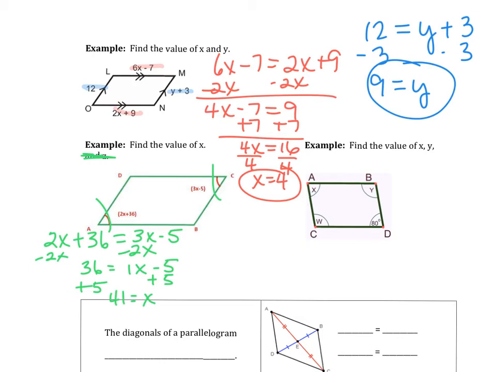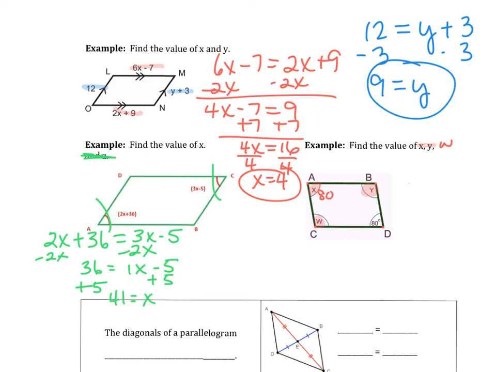All right, and in the next example, I'm going to try and find the values of x and y here. I've got an x and a y, and I'm going to go ahead and find w too. We know that opposite angles are congruent, so I know that the measure of angle A is, I'm going to mark that as an x. That x also has to be 80 if they're opposites of each other.